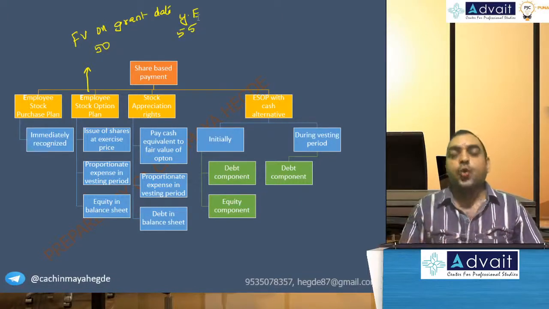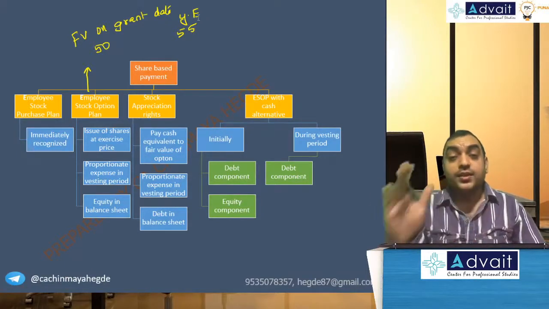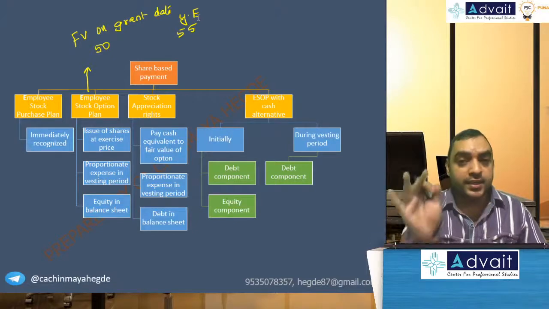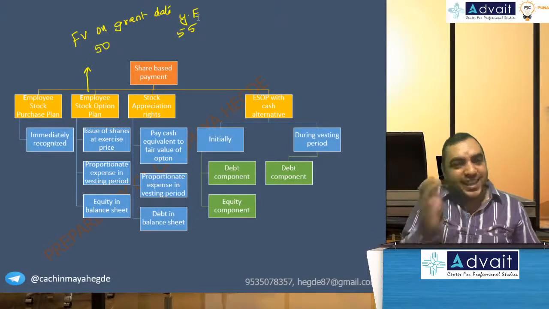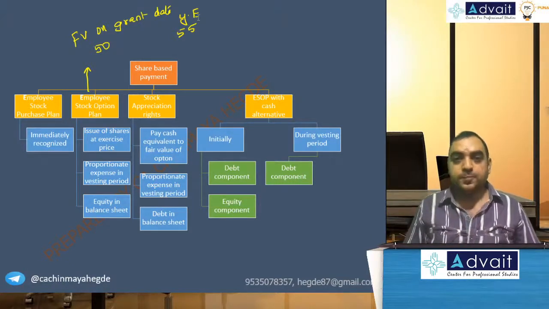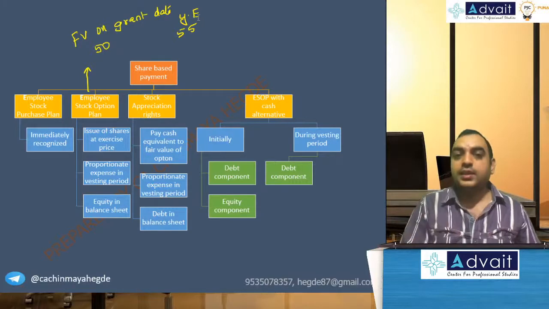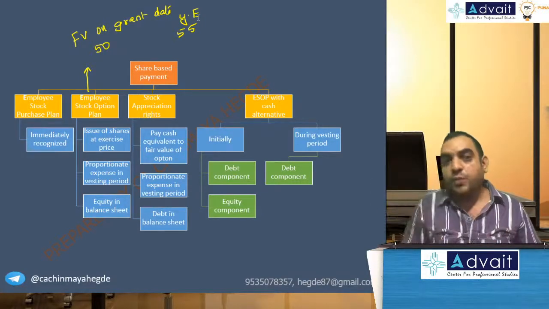The answer is no. Fair value on the grant date is continued till settlement, in the case of ESOP, equity, because equity is of such a nature that once measured, it will not be remeasured.